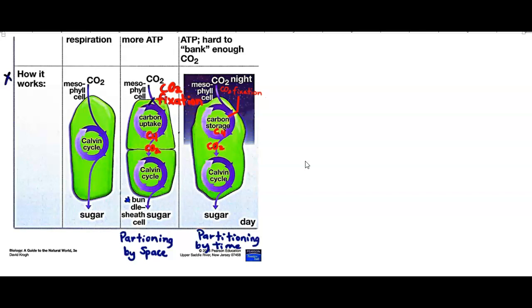Carbon dioxide in the atmosphere can now enter the leaf, and it's stored as a molecule with 4 carbons. Then during the day, the carbon dioxide can enter the Calvin cycle. So this is called partitioning by time.